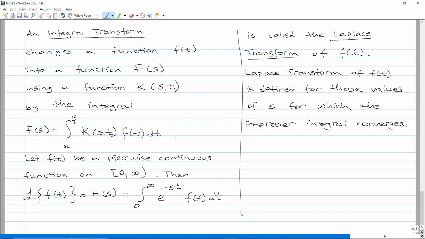The result is a function of s, and as the domain of that function, we take the values of s for which the integral is convergent. So let's start with examples to understand more clearly what is going on. As the first example, we look at the easiest case, the Laplace transform of the constant function 1.